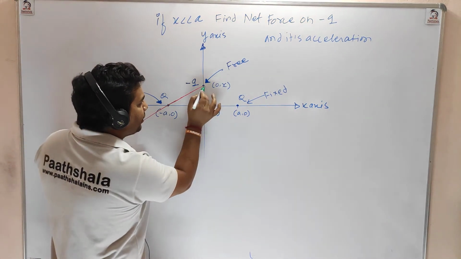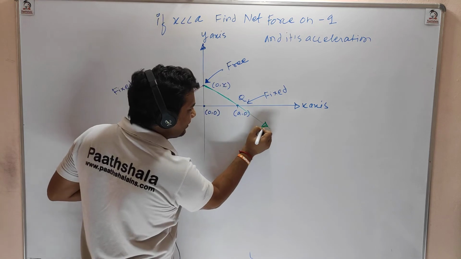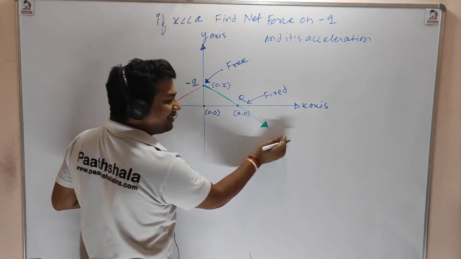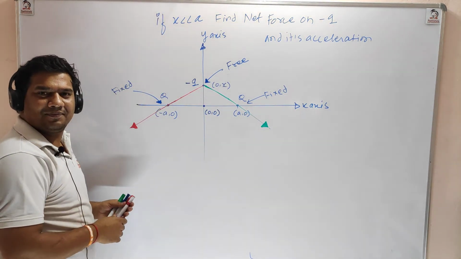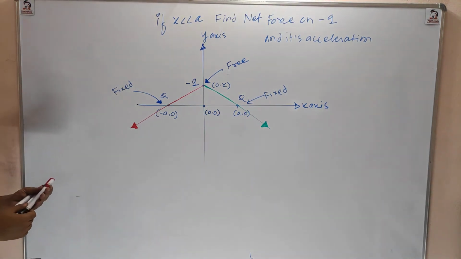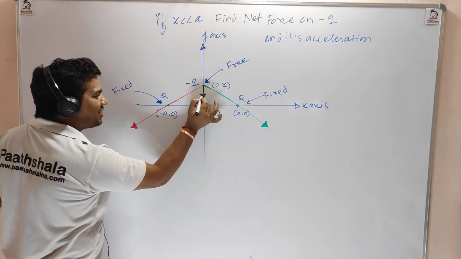And this other capital Q will say, I will also attract. So where will this minus q actually move? Along the resultant of red and green. And where must the resultant of red and green lie? Downward. Understood?